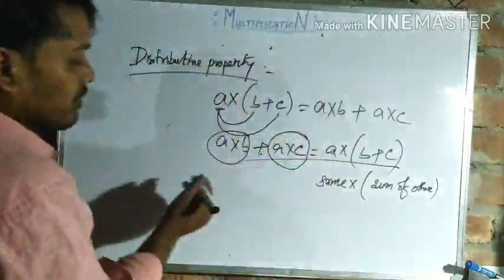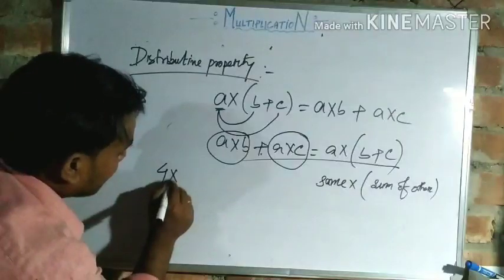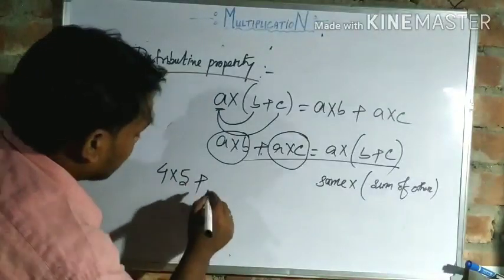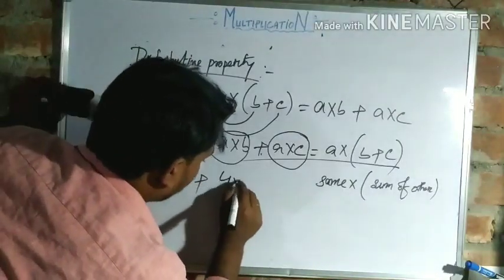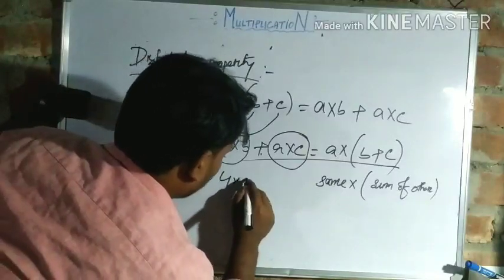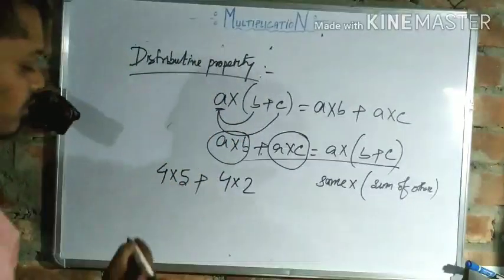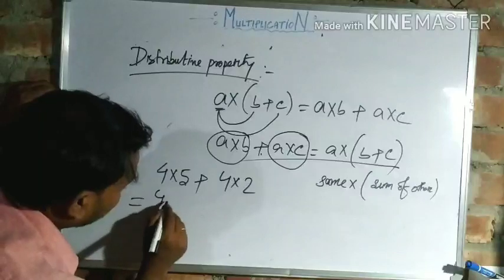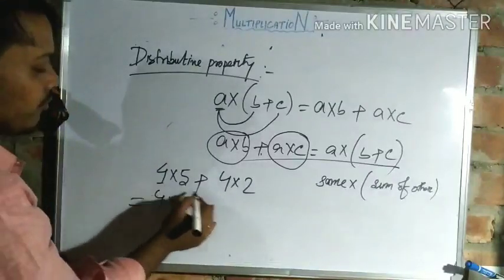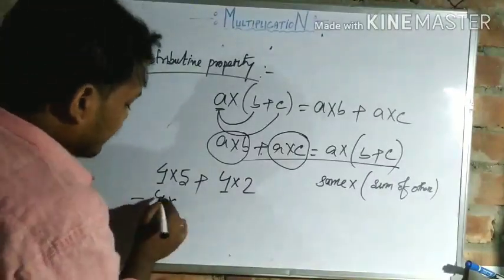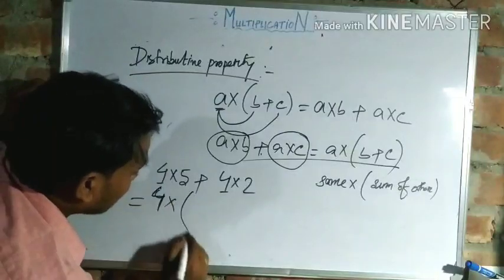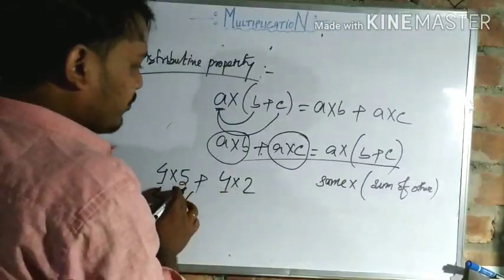For example, 4 into 5 plus 4 into 2. What is the value? Directly we can say that here 4 is the same number, so the same value goes into the sum of the others.